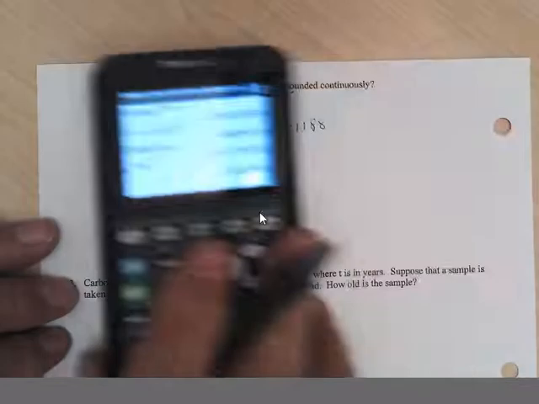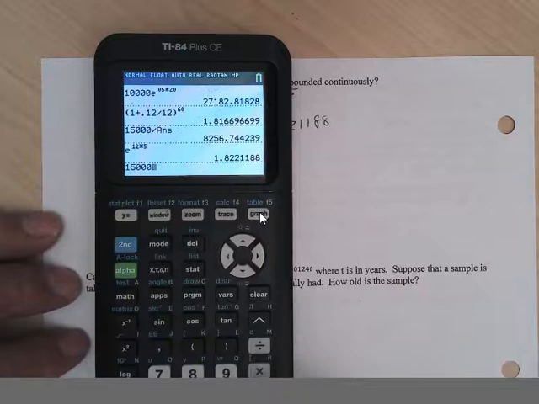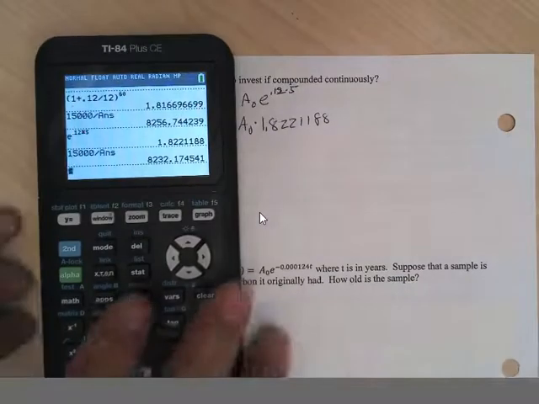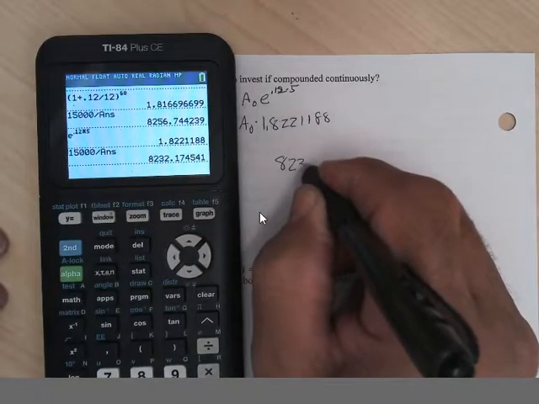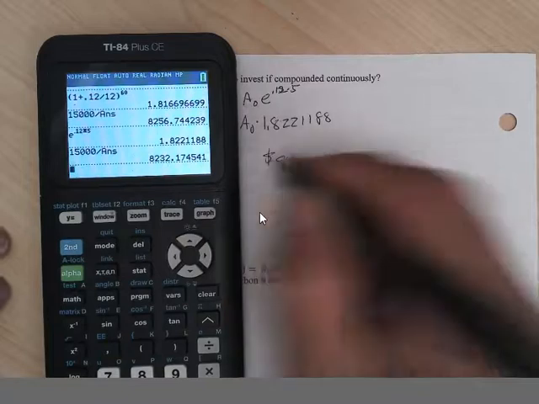So I've got to take 15,000 divided by that answer, and we get, now I only have to invest $8,232.17 rounded off.